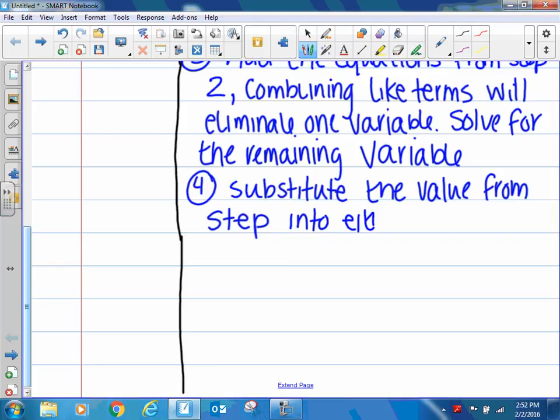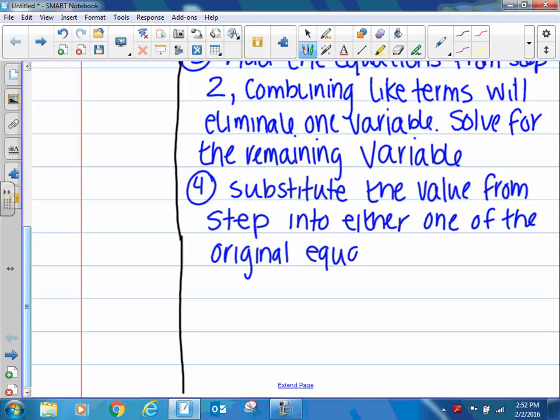You can pick either one, whichever one looks like it's going to be easier to solve. And like I said, you're going to solve for the other variable.